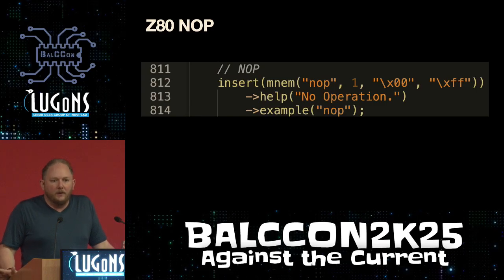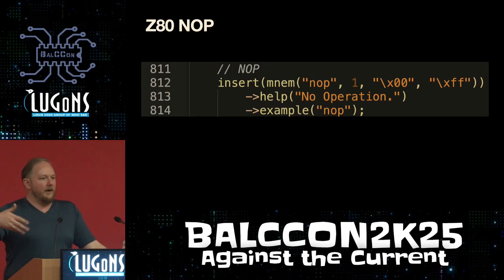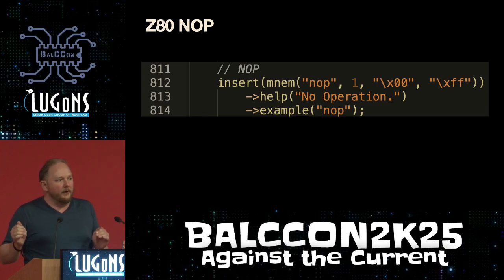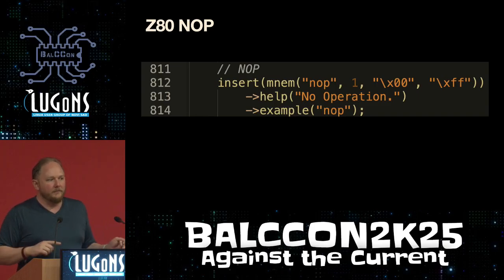Help is important because you're going to forget the details of a language while it's new. And an example instruction. In this case, just NOP, because there are no parameters. The example is used both as an example in tab completion and also for self-testing.